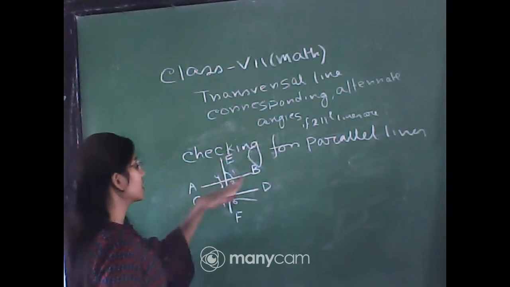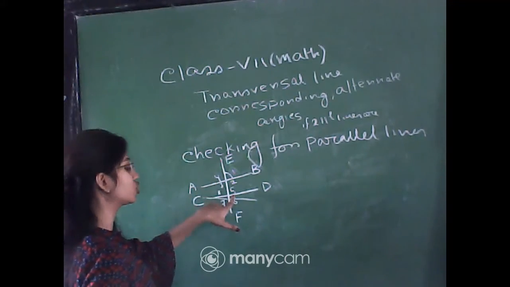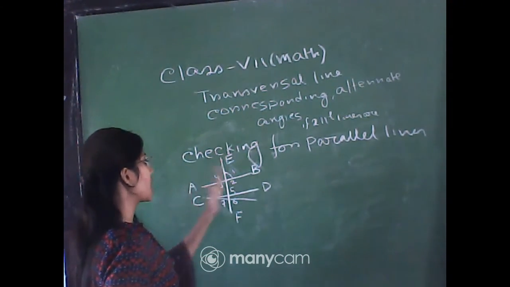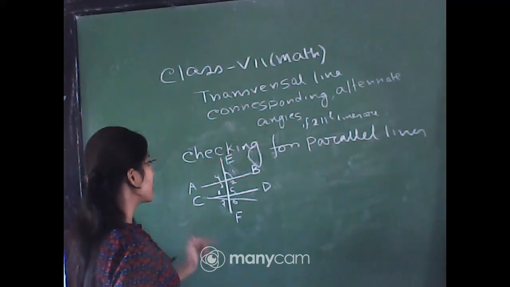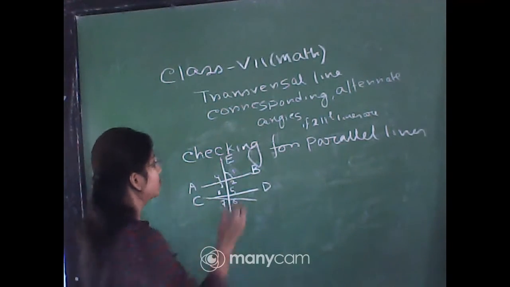If two lines are cut by a transversal line and each pair of corresponding angles are equal, then the lines are parallel. Then we will say that the lines AB and CD are parallel.